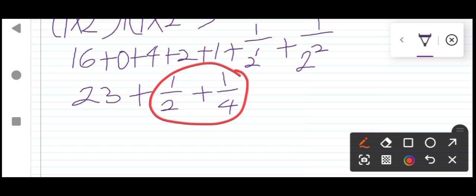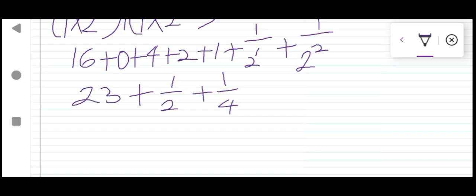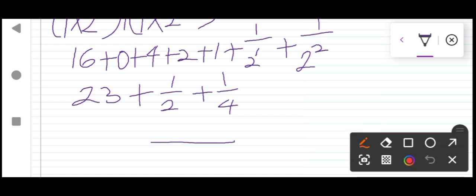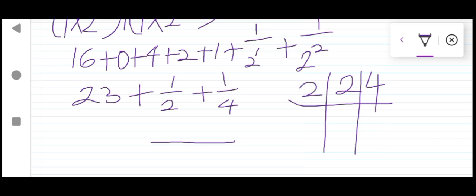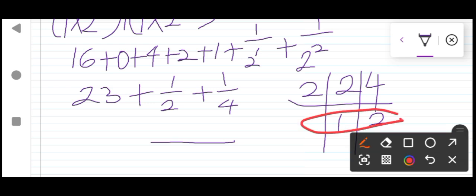We need to use the knowledge of LCM right here. So let's figure out the LCM of 2 and 4. At this point, 2 would divide 2 and gives 1. 2 would divide 4 and gives 2. Now we are left with 1 and 2.